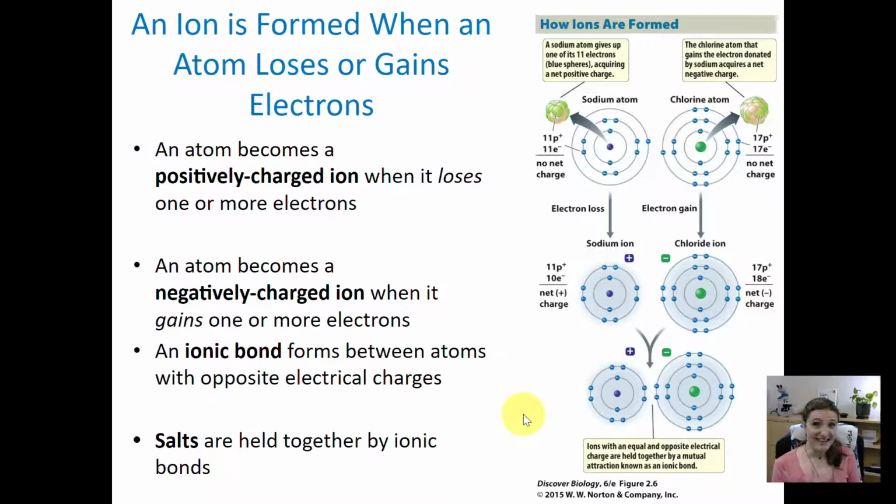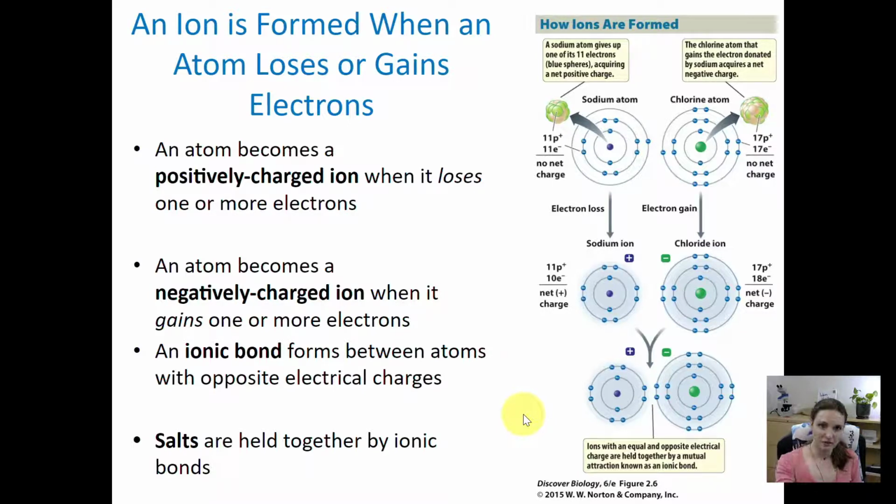Because electrons have a negative charge, when an atom loses an electron, it becomes a positively charged ion. Again, an ion is just an atom with a charge to it, and that charge is due to the different number of protons versus electrons.